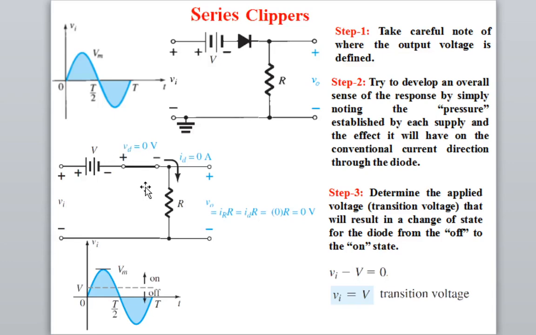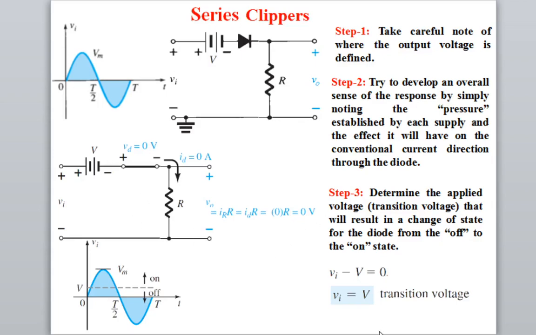In this step, this will help to define a region of applied voltage when the diode is on and when it is off. What is the meaning of this step 3? I am explaining.